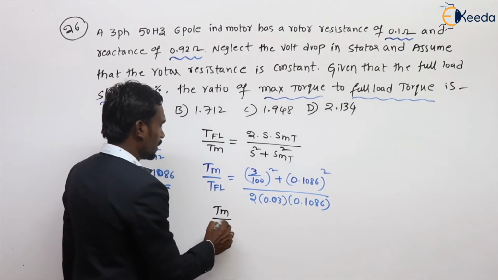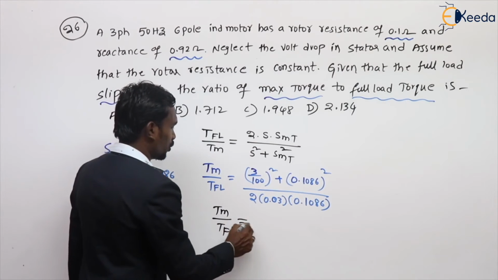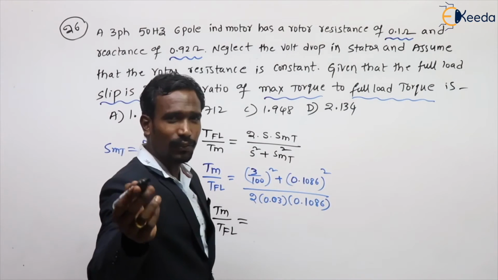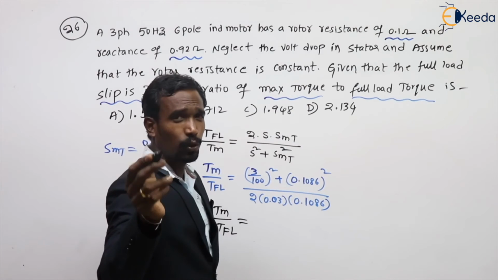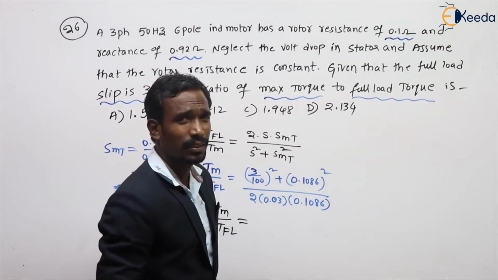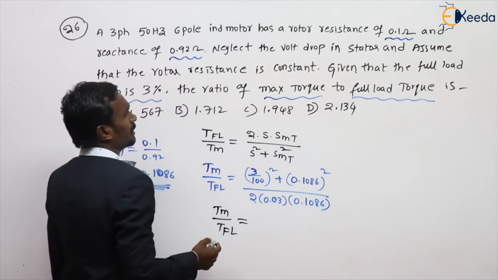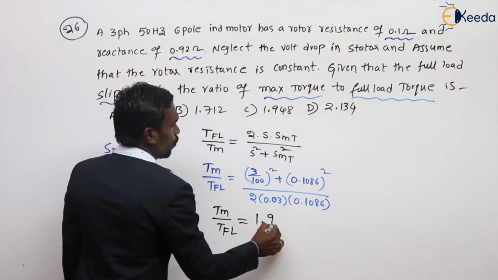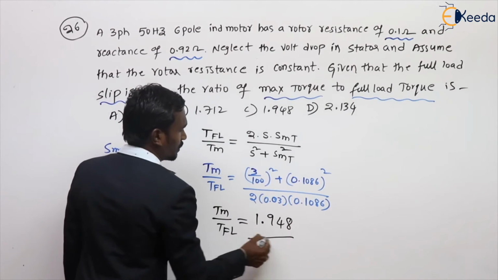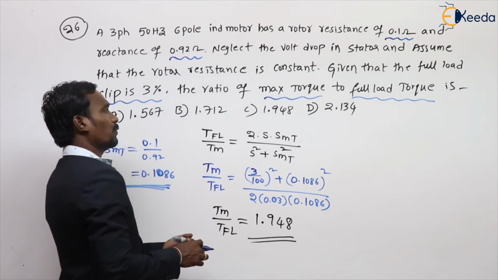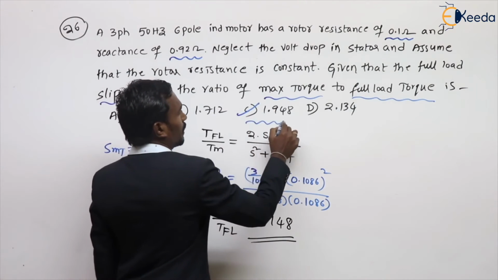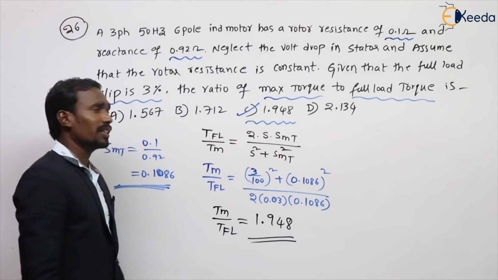So the maximum torque to the full load torque ratio, calculate and tell me the answer first. Hold the video and calculate. If you calculate this, you get an answer of 1.948. Option C is the correct answer.